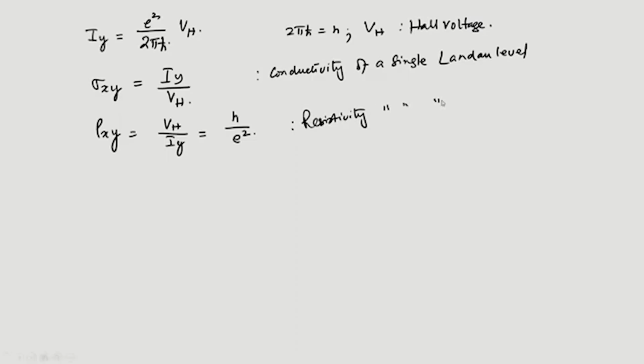Even though we have derived it for just one Landau level, it does not matter if you have a number of Landau levels, many of them, because as long as your Fermi energy lies completely covering one Landau level or the other, this argument still holds good. The other good part of this is that we have not talked about the explicit form of V of x.